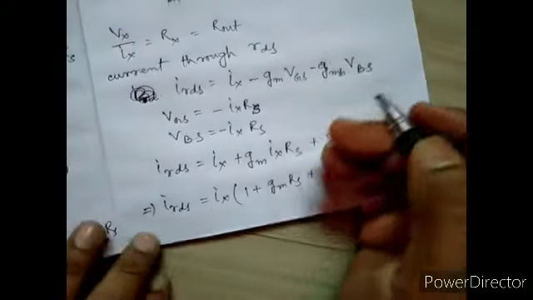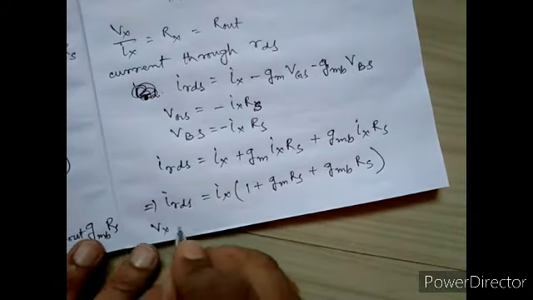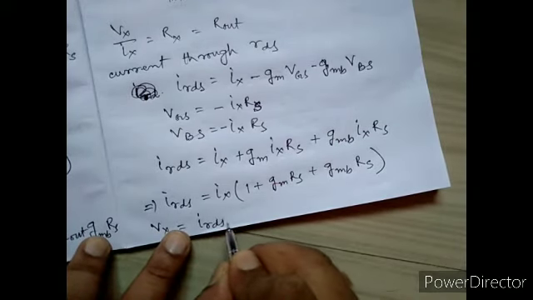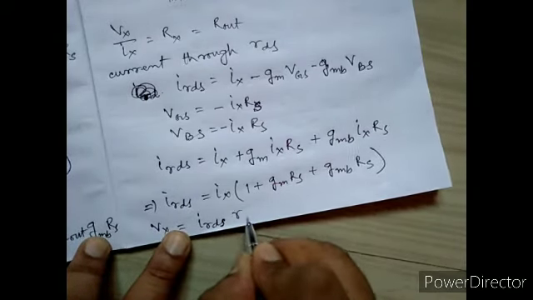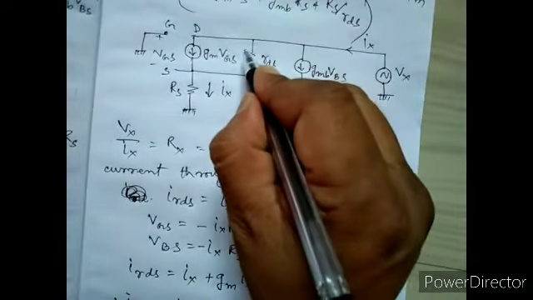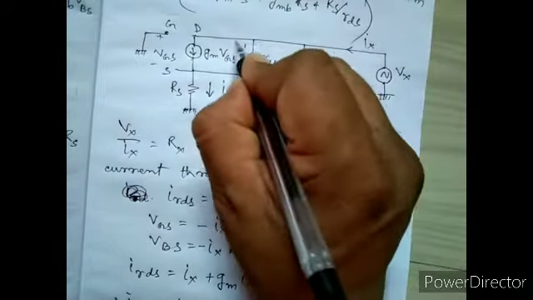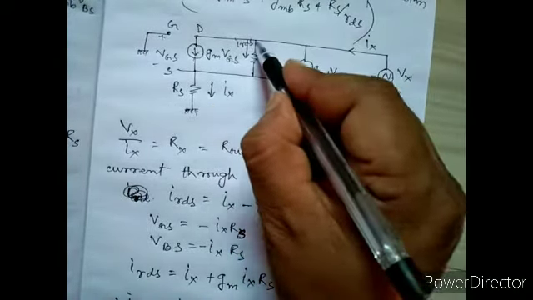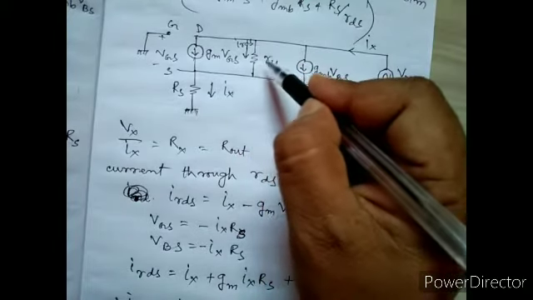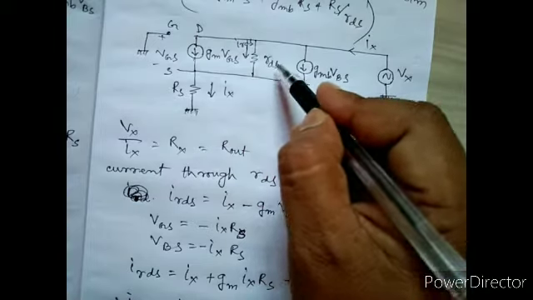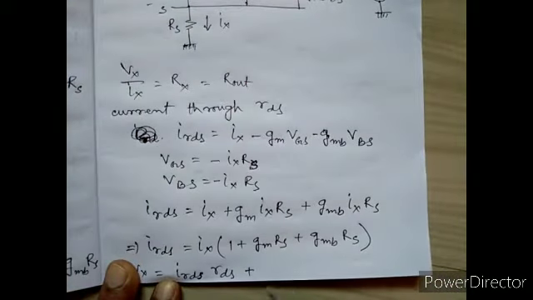So Vx equals IRDS into RDS, this current IRDS is passing through this RDS, so the potential drop across this RDS is IRDS into RDS plus what?